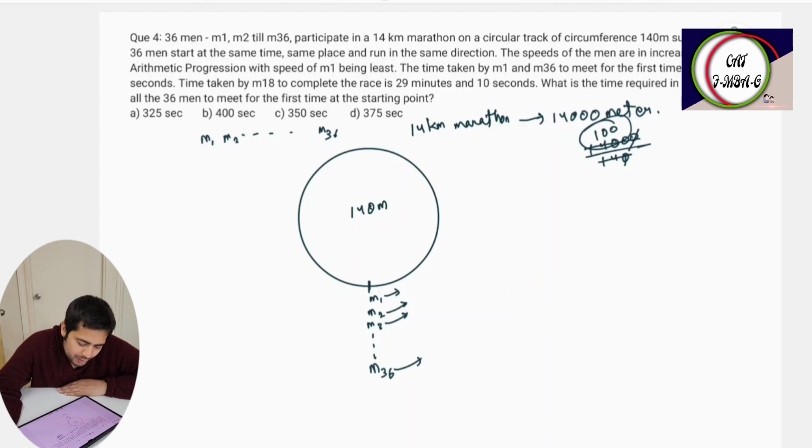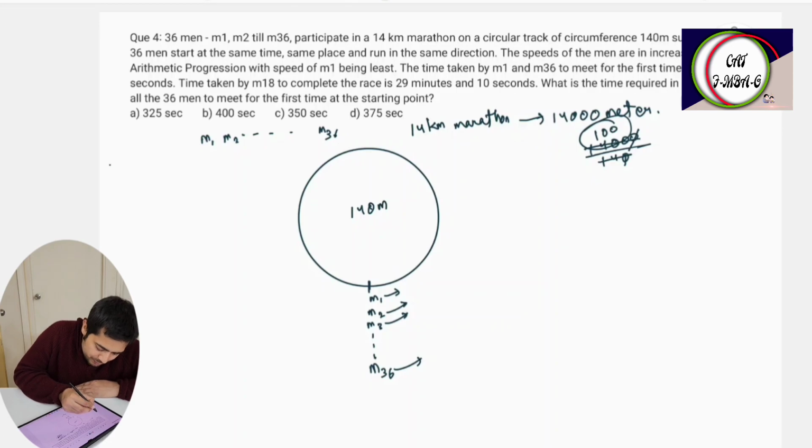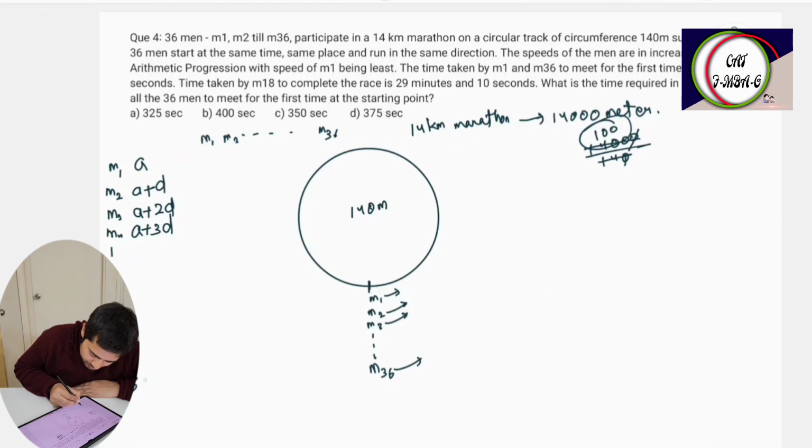The speeds of the men are in an increasing arithmetic progression. So what will be the speeds? M1, M2, M3, M4, till M36. They are in AP. So let us say A plus D, A plus 2D, A plus 3D, till A plus 35D.